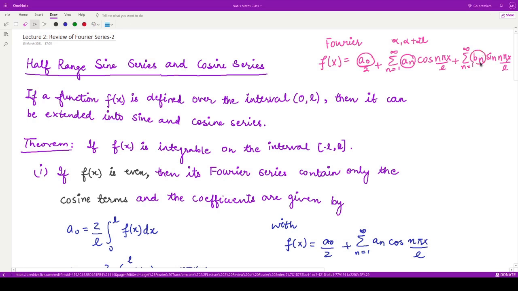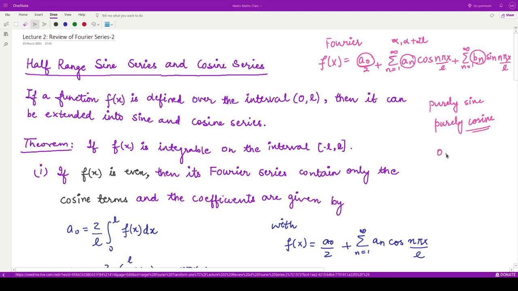Sometimes, in various applications, the series is only required to be expanded in terms of either purely sine terms or purely cosine terms. This is done when we extend our given function.